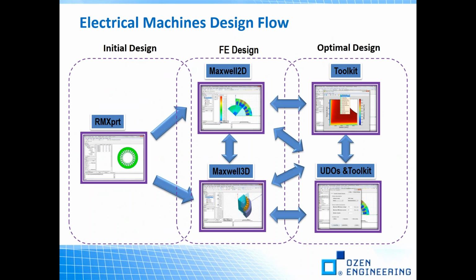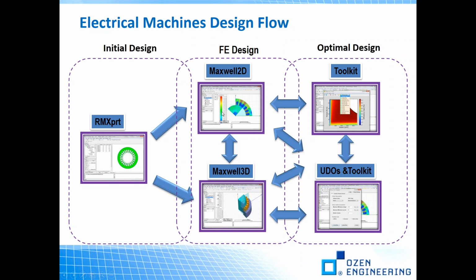This image shows how these tools work with each other and what the design flow is for electric machines. You can start with RMxprt and narrow your designs based on sizing, magnet size, and material, and then easily create a model in Maxwell 2D or 3D.